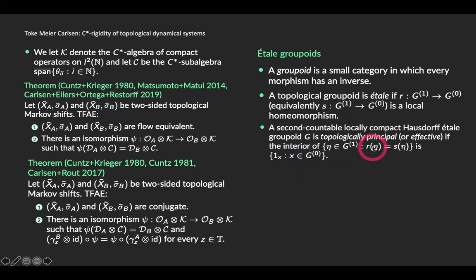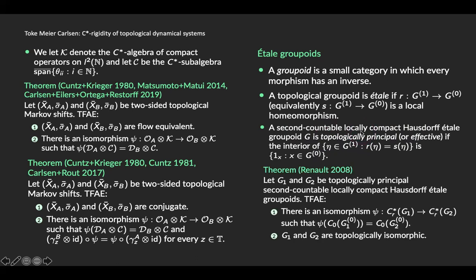Here we look at all the morphisms where the range is equal to the source, and G^0 is the set of objects, and for every object in a category you have an identity morphism. So if the interior of this set is just the set of identity morphisms, then the groupoid is effective, which is the same as topologically principal in this setting.